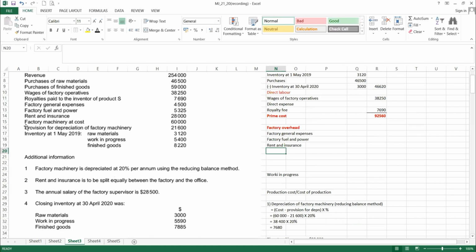Okay, factory machinery provision. The moment you see factory machinery, that means it's a depreciation. Depreciation of factory machinery related to the factory. Next, what else do we have? Let's see.